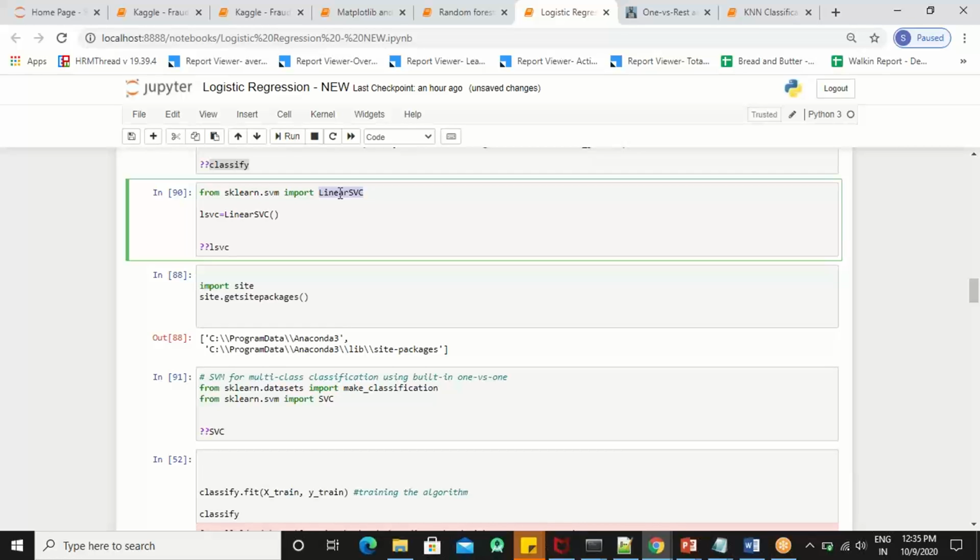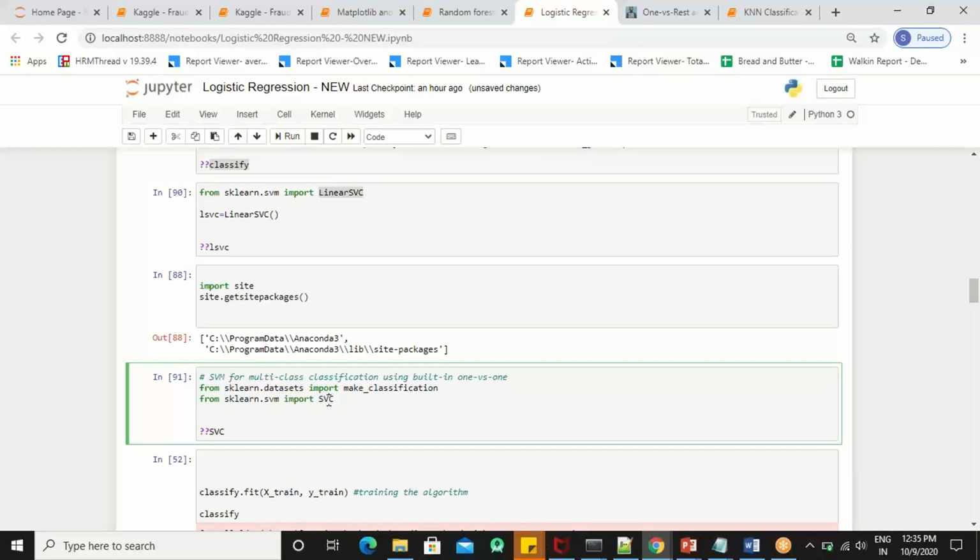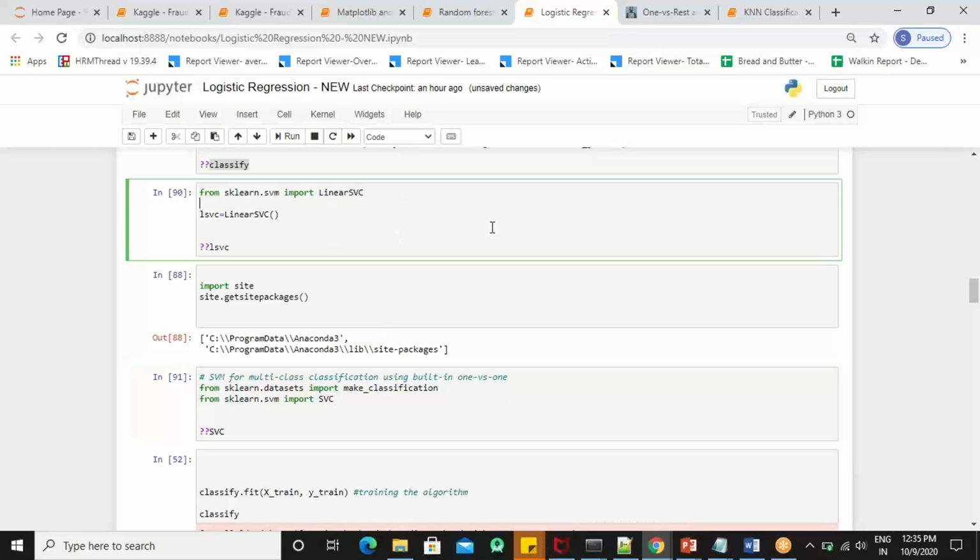So it may so happen that LinearSVC might not support the other one, but we have to check that. However, this SVC, which is the generic formula, even LinearSVC can also be done here by passing the kernel as linear. So you can use this also. Whichever you use, just know what is the purpose of that hyperparameter. Yeah, someone has a question.